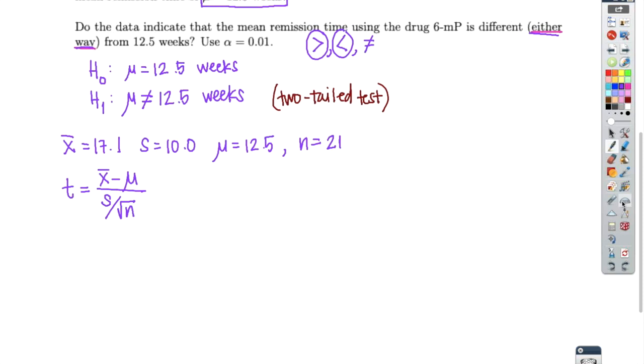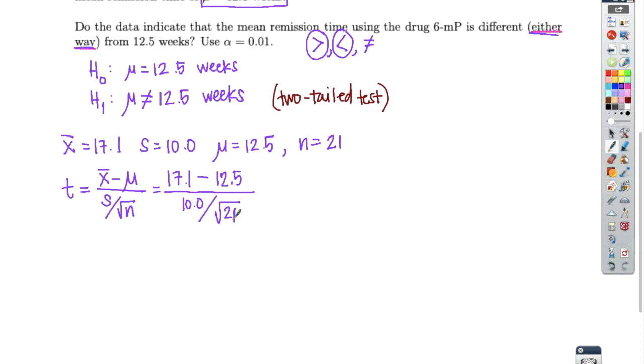Okay, so let's plug in these values. Everywhere I see the x bar, I've got a 17.1. Everywhere I see mu, I've got 12.5. Everywhere I see an s, 10.0 over the square root of n, which is 21. And so I'll just throw that into my calculator.